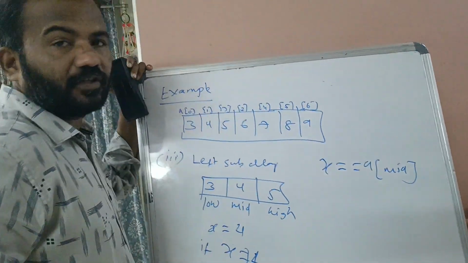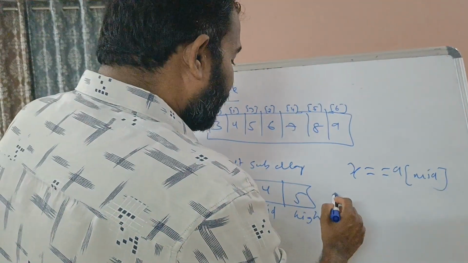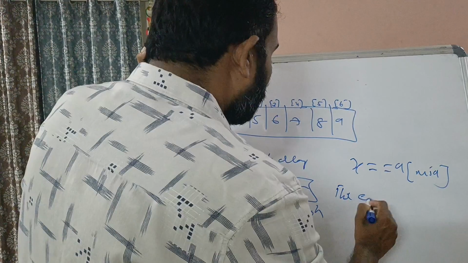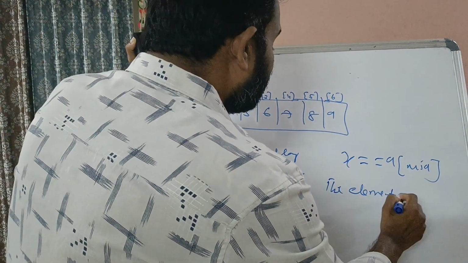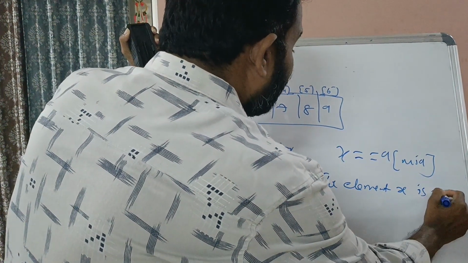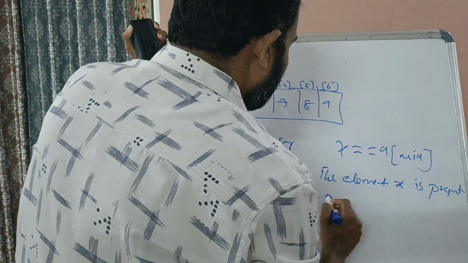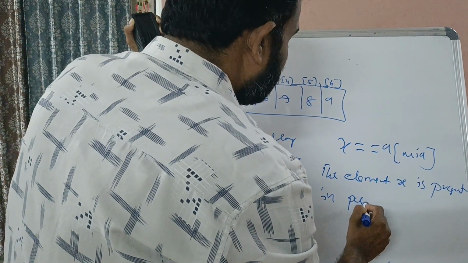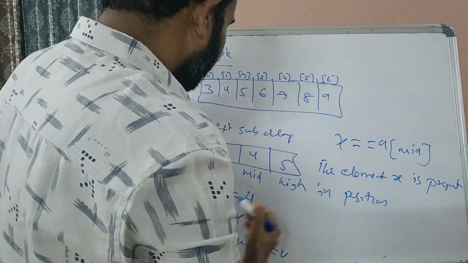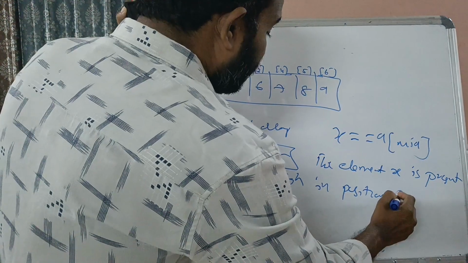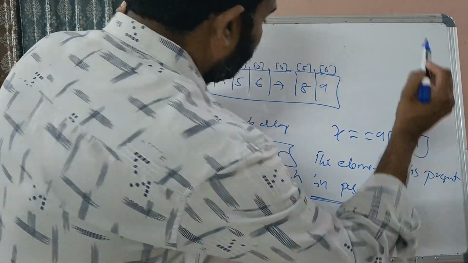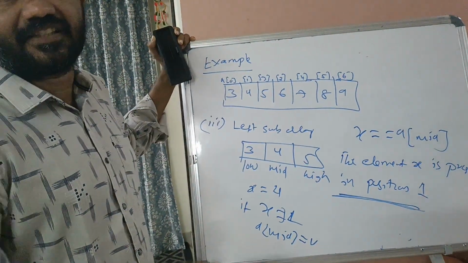Then we need to display the result: the element x is present in position. What is the value of mid? Mid is equal to 1. Position 1. So this is the output. This is about binary search.